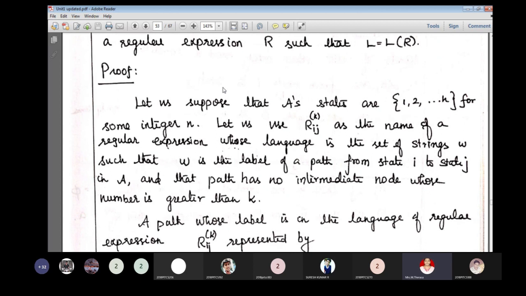We'll go to the proof. Let us suppose that we have a finite automata capital A whose states are 1, 2 and so on up to n for some integer n. Let us use R i j k as the name of the regular expression whose language is the set of strings W such that W is the label of the path from state i to state j in capital A, and that path has no intermediate node whose number is greater than k.